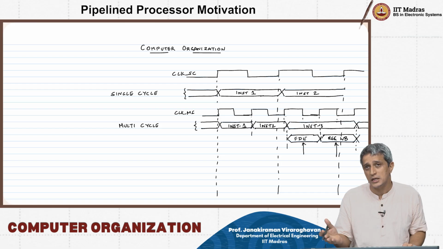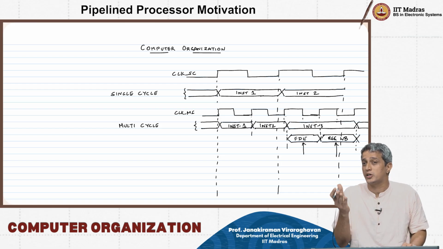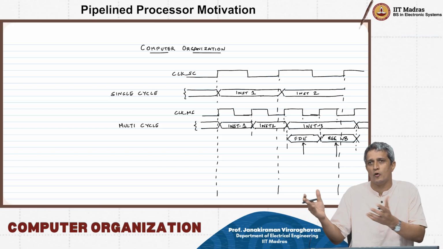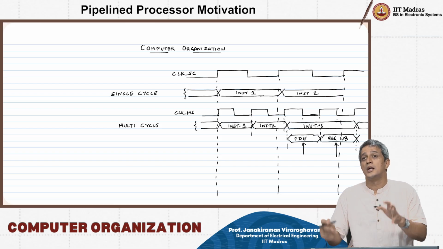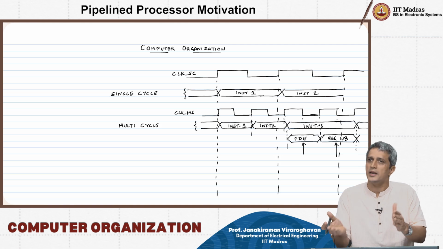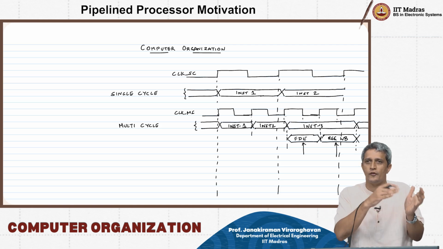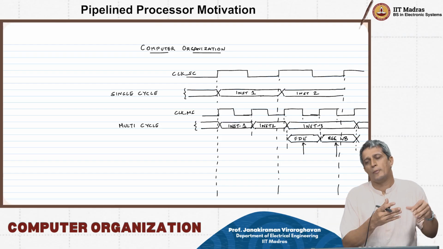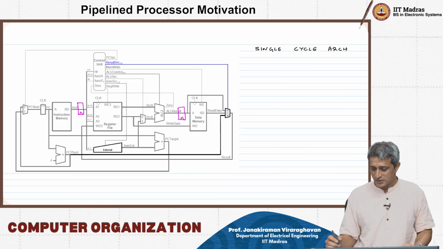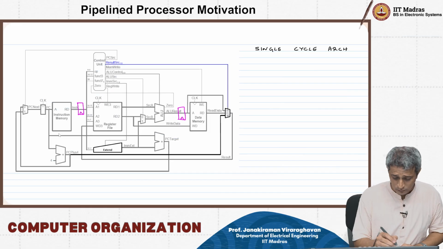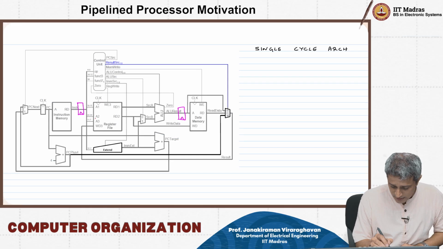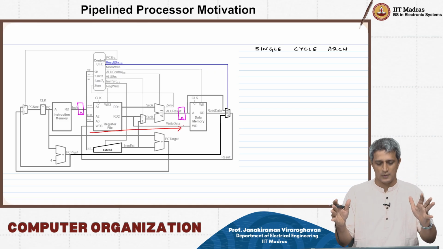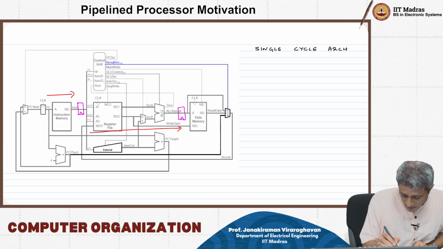In fact, that is why it is okay for every instruction to take different number of clock cycles. Some may finish in 2, some may finish in 3, 4 and all that. That is because the system is waiting until the next instruction comes in, then you do the decoding, figure out how many clock cycles and then go back, right. So, in some sense what we are saying is, while this part of the hardware is being executed, this part is remaining idle.